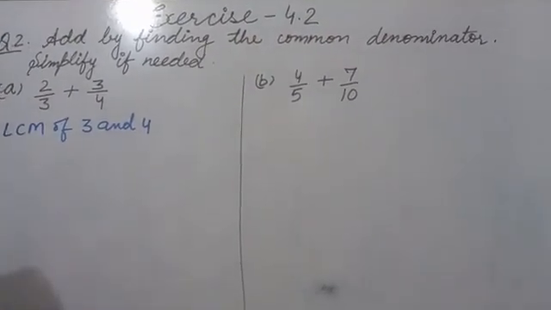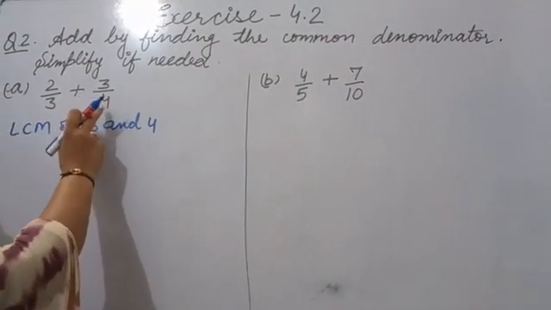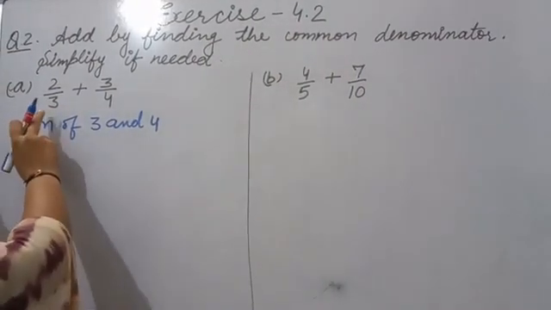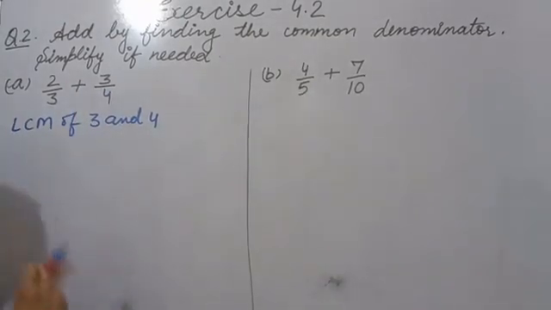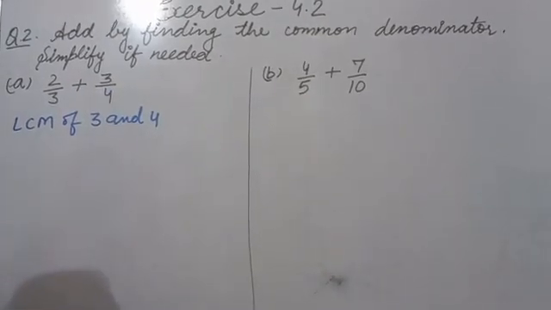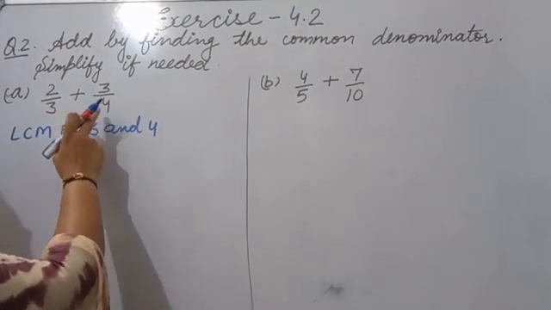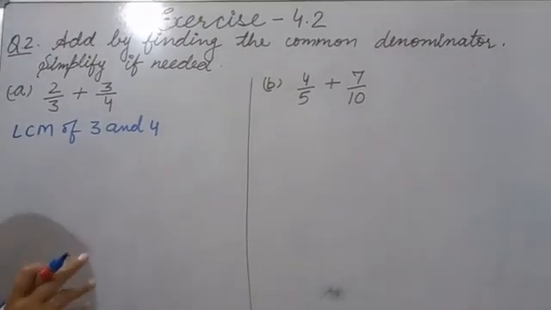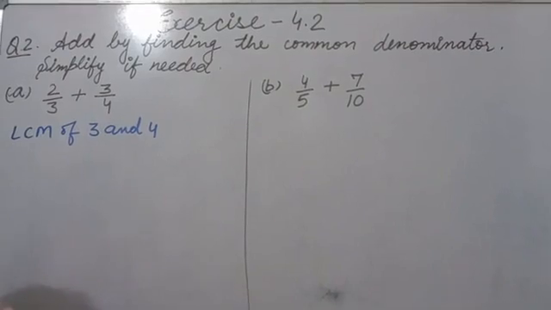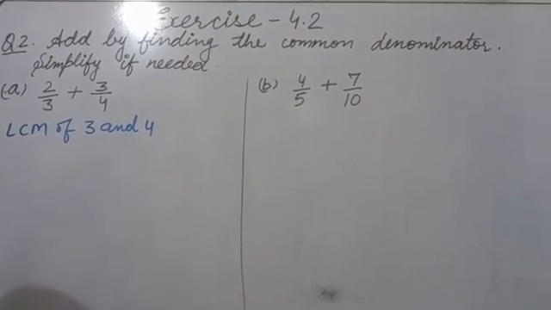How can you make? 3 is prime number and 4 is composite. But you can see that in 3 table we don't have 4. Okay? If you have prime and composite, and in prime number you are not getting that composite number, that means their multiplication will be your LCM.